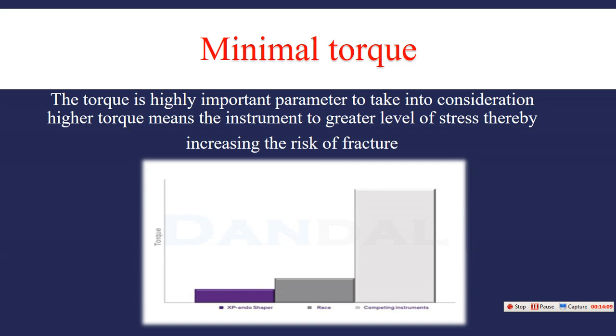Minimal torque reduces the friction between the instrument and the dentine wall. We need the torque to be as small as possible to reduce this friction. So with minimal torque, the incidence of dentine fracture, microcracks or stress on the dentine wall is reduced.